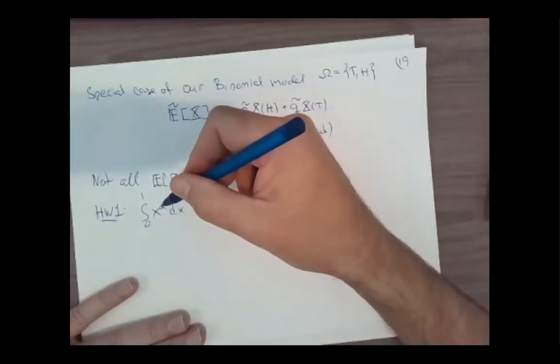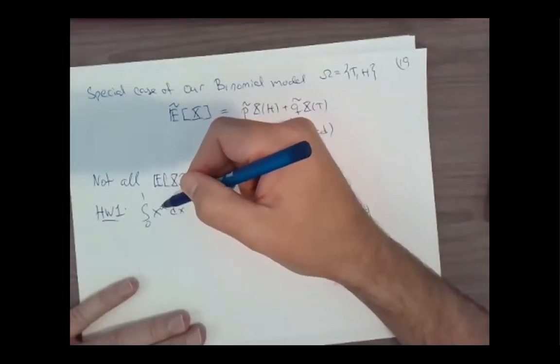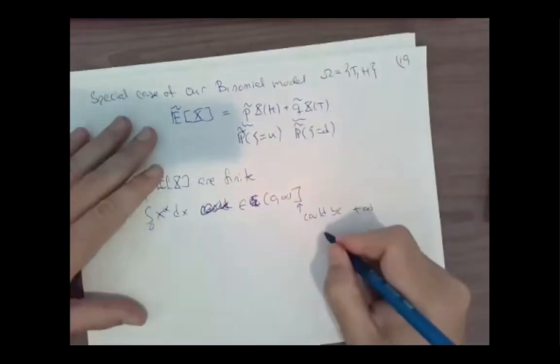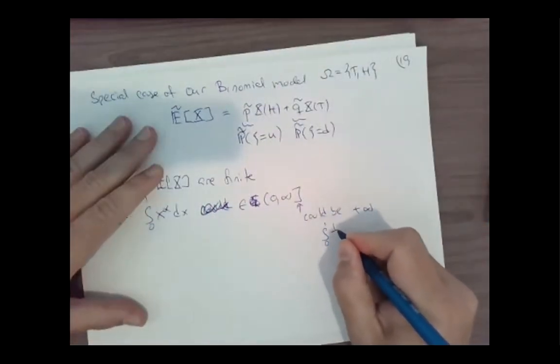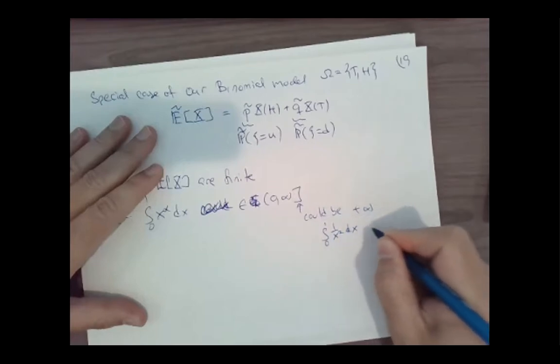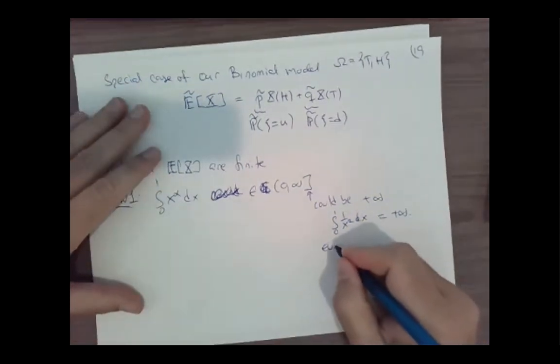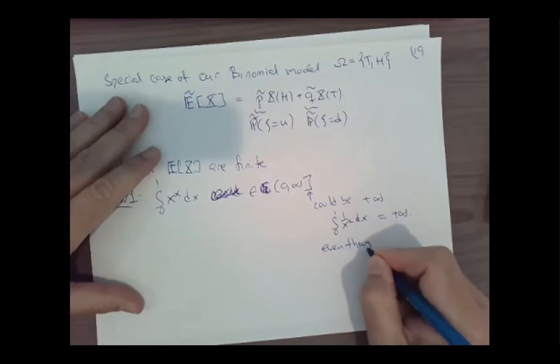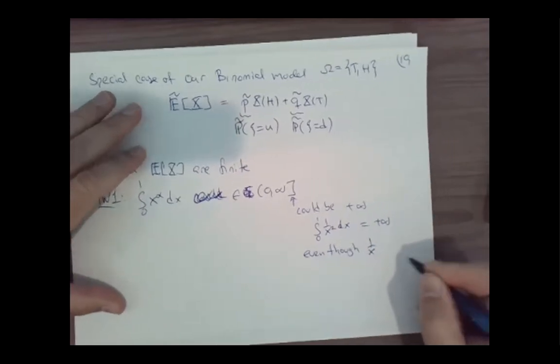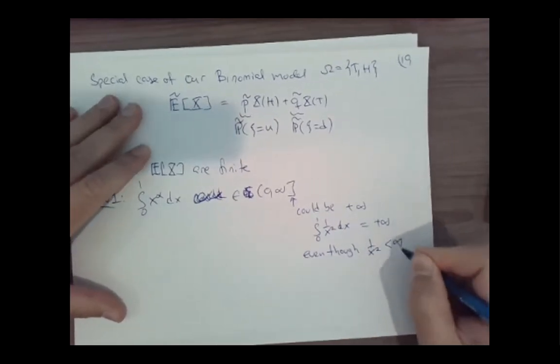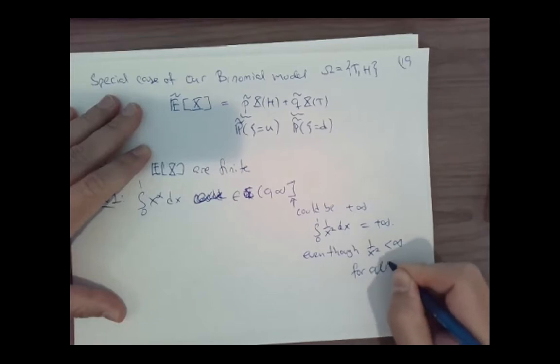If alpha is sufficiently small, if it's very negative, like if it's -2, like an integral from 0 to 1 of 1 over x squared, this is going to become plus infinity, even though 1 over x squared is finite for all x.